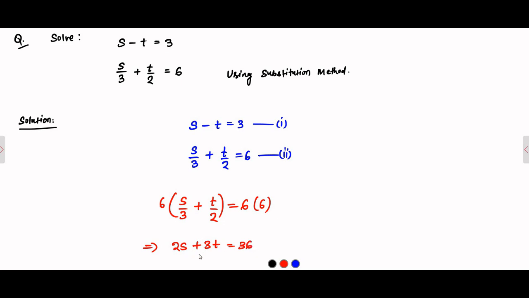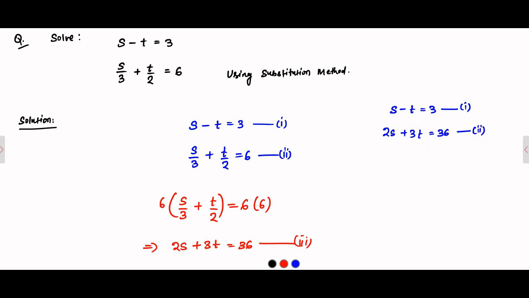We have rewritten equation 2 in a modified form. It is the same as s by 3 plus t by 2 is equal to 6, so now it is a bit easier to handle. So we now have s minus t is equal to 3, equation 1, and 2s plus 3t is equal to 36, equation 2.